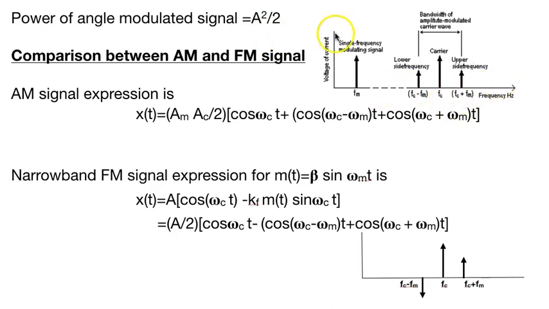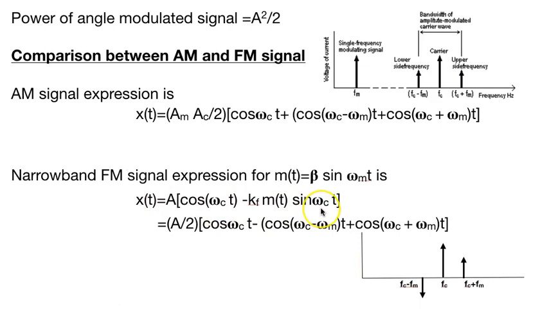Here I have shown you an AM signal frequency band. To recall what we have learned, this is a double sideband with the x of t expression. But a narrowband FM is very similar to an AM signal with a small change.